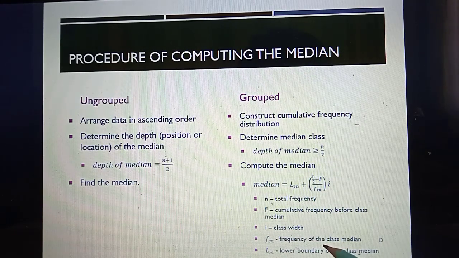So class median kita identify dan kita tengok apa frekuensi yang diberikan. And then Lm is the lower boundary of the class median. So bagi kelas median yang kita identify, what is the lower nilai bagi kelas pada kelas median tersebut. So that will be the Lm.